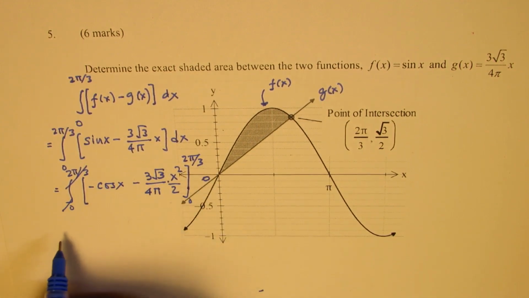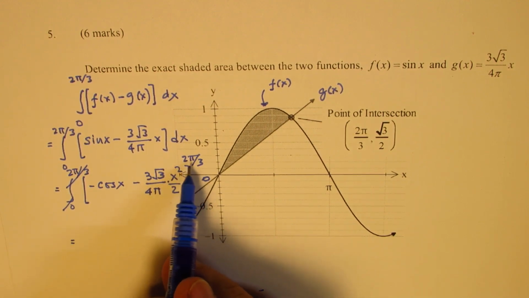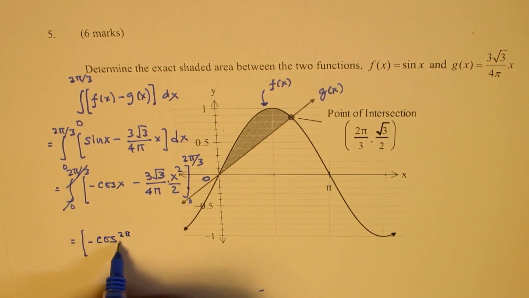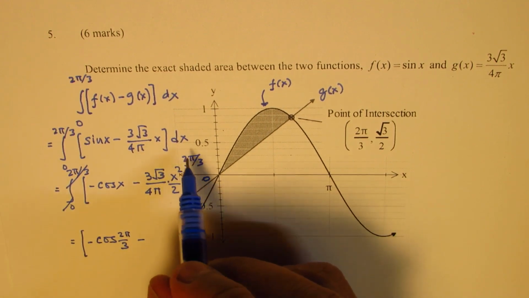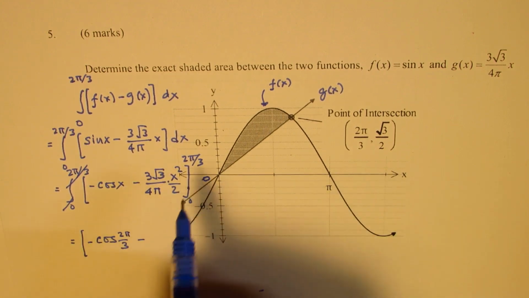So what we get here is, let's first put 2 pi by 3. So we have minus cos 2 pi by 3 minus, let's simplify this if we can. It is 8, that's okay.